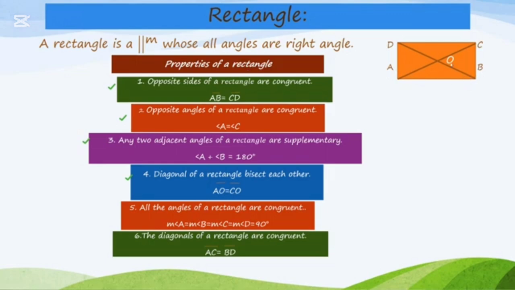It's correct. Now, the fourth property, which is also a property of parallelogram, is that the diagonals of rectangle bisect each other. Right?